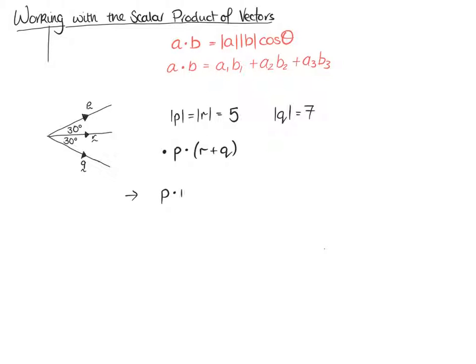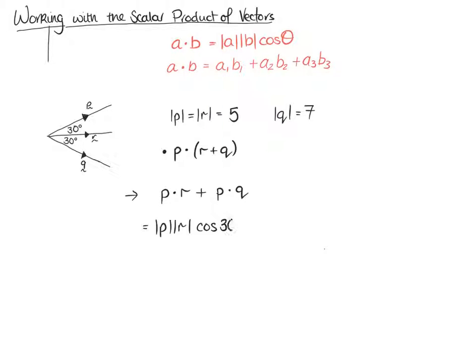So we get the dot product of P and R plus the dot product of P and Q. The dot product of P and R is the magnitude of P times the magnitude of R times the cos of the angle between them. P and R are these two, so the angle in between them, note that they have to be going out from the same point, is 30 degrees.